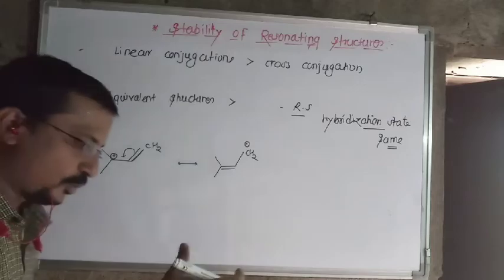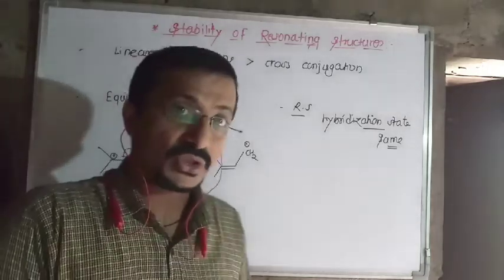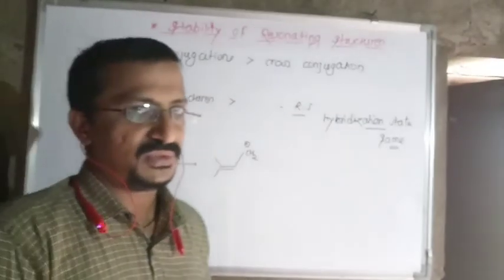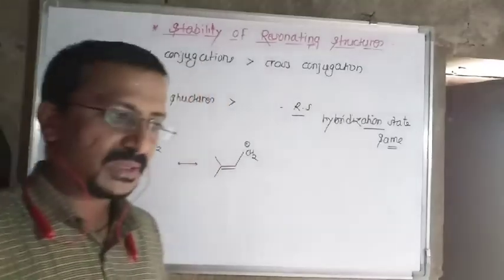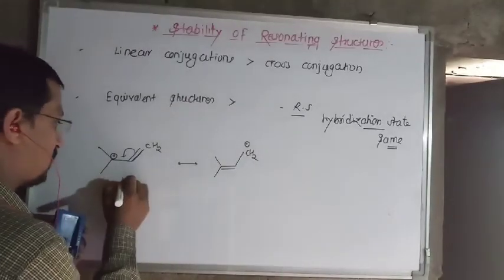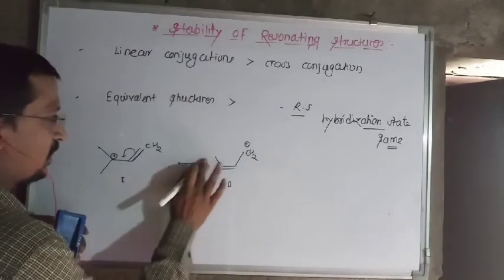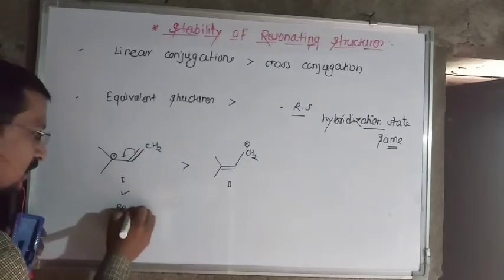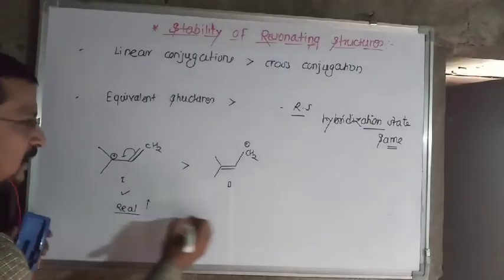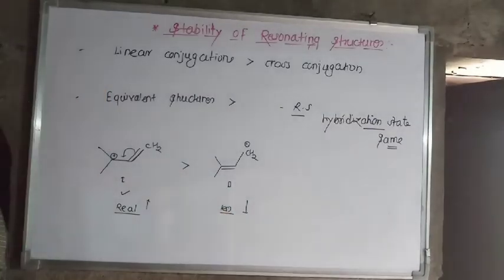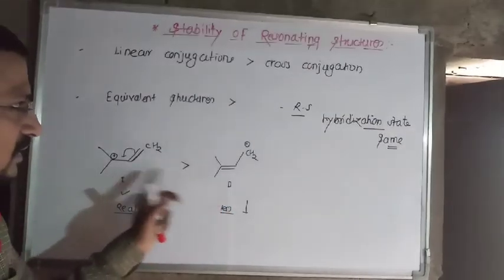So contribution to the resonance is: the structure which has more stability contributes more to the resonance hybrid, and the structure with less stability contributes less to the resonance hybrid. So out of these two structures first is more stable, so its contribution to the real structure is more. This is less stable, so its contribution to the real structure is less.